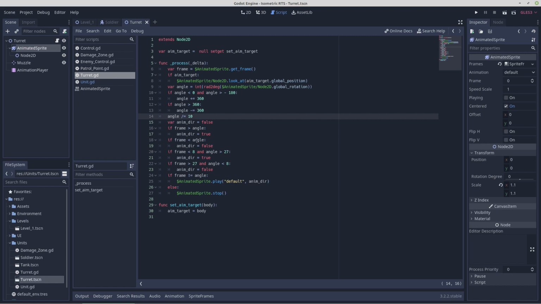The rest of the script determines which direction the animation should play in. So if the frame is greater than the angle, animation direction is true, and that means that the animation will play in reverse. Or if it's less than the angle, it will play in a forward direction, so reverse is false.